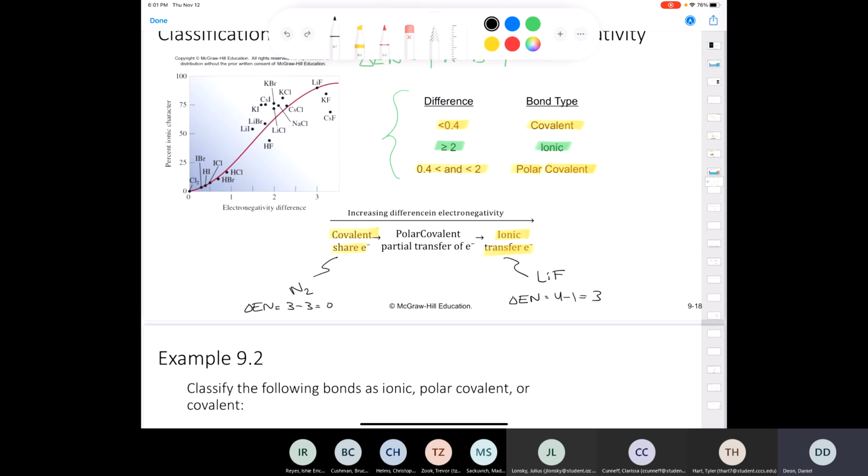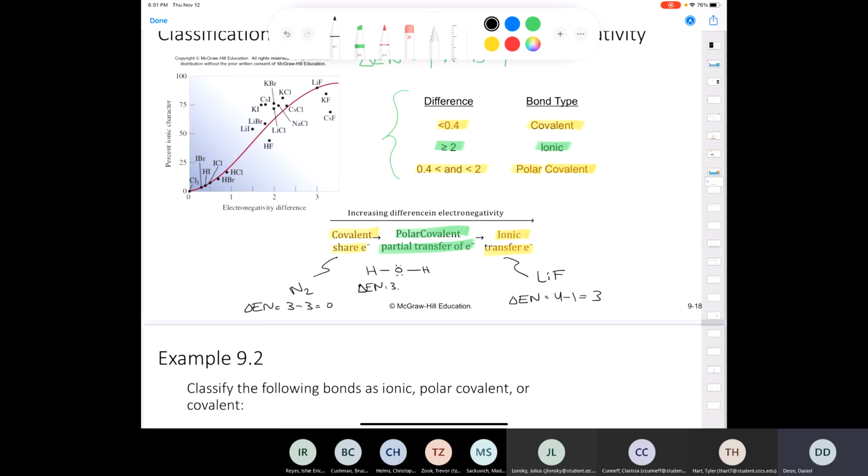Let's look at another example of something that's polar covalent, where we have a partial transfer of electrons. Let's go back to water, because there's 2 bonds in water, and they're both identical, right? They're both oxygen-hydrogen bonds. What's the difference in electronegativity between oxygen and hydrogen? Without going back to the periodic table, I have these memorized.